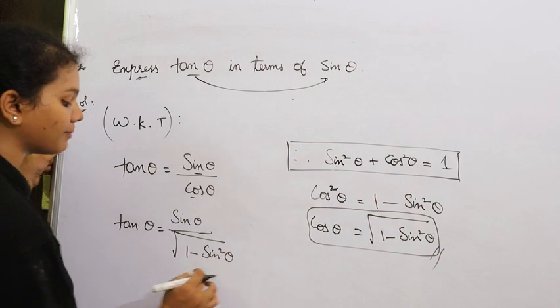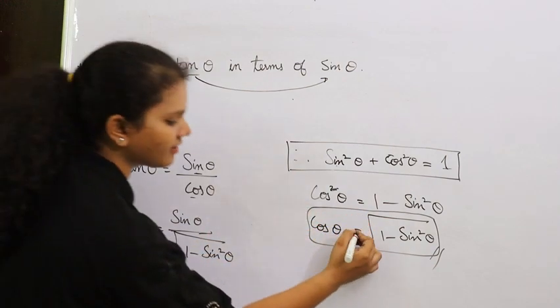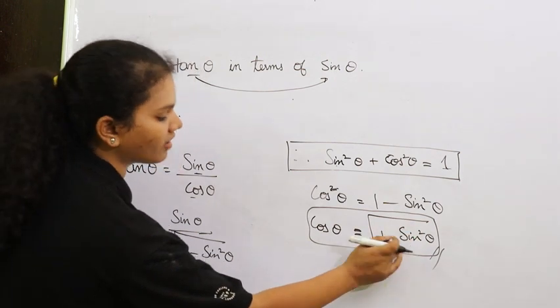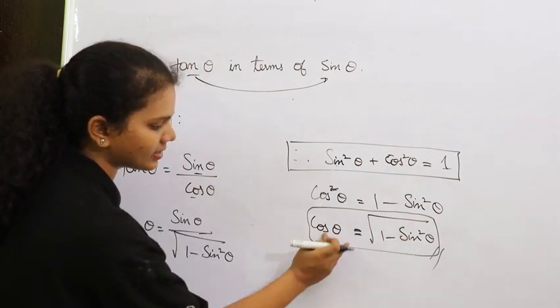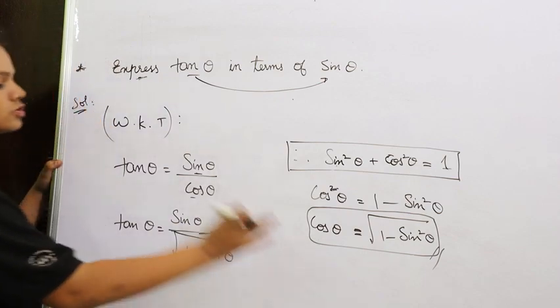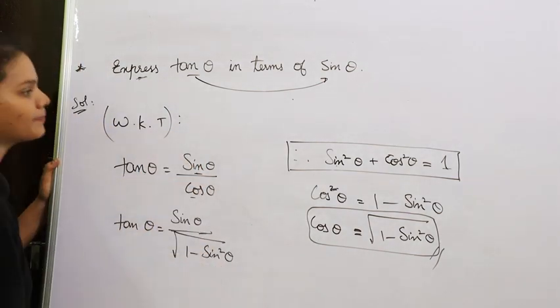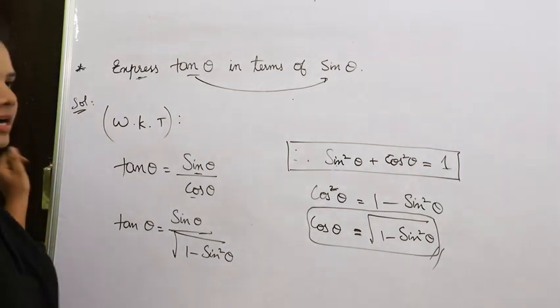Why have I written 1 minus sin square theta? Because we have shown that root of 1 minus sin square theta is equal to cos theta. Both are the same. So instead of cos theta, I have placed root of 1 minus sin square theta to express tan theta in terms of sin theta.